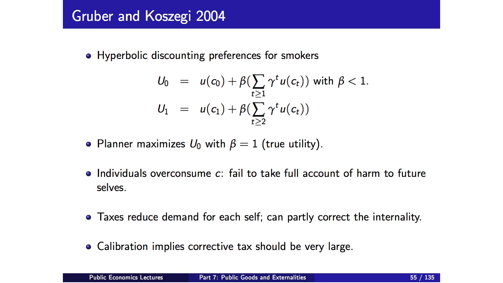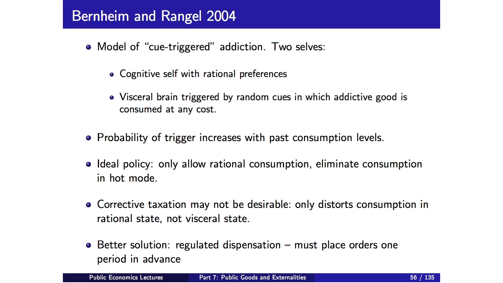Now, what's very interesting about this literature is that while it might seem totally intuitive that the way to fix this problem, if you're in the Gruber-Koszegi world, is to have a tax, it's actually not at all clear that the tax is what you want to do. And in fact, the tax might not do anything beneficial. So I'll illustrate this with the Bernheim and Rangel paper, 2004, which has a different positive model of addiction.